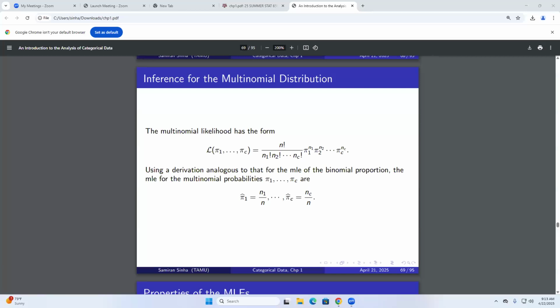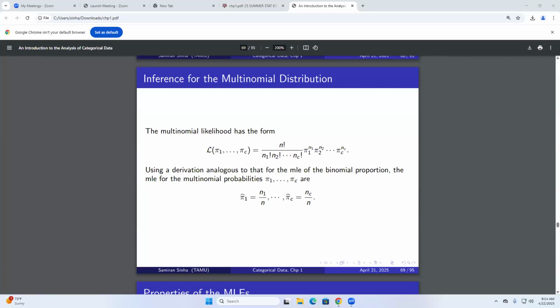As you see here, the very first line shows the multinomial probability mass function. So your observed data are N1, N2, N sub C, assuming there are C mutually exclusive and exhaustive classes, and N1, N2, N sub C are the counts for these classes.